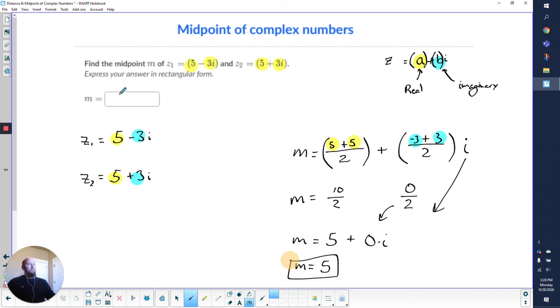So our midpoint happens to be right at 5. Okay? Plus 0i, but you don't have to type that in. All right? I hope that helped. It's just the average of the a values, the average of the b values, and then you put it back into the a plus bi format. And in this case, we didn't have a bi because b was 0. All right.